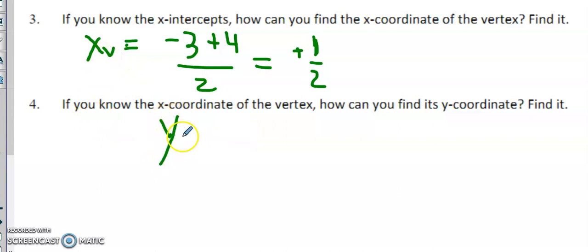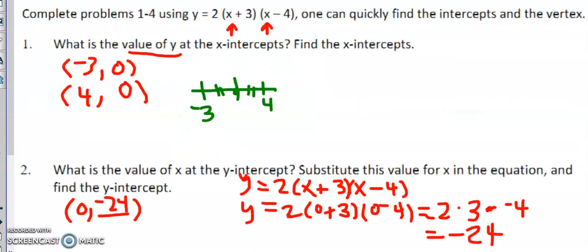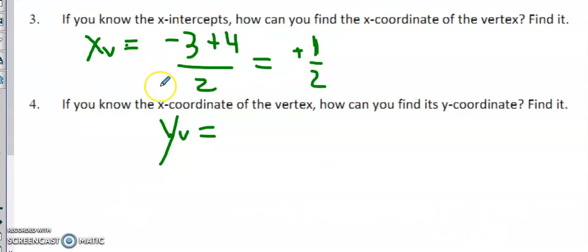To find the y value of the vertex, we go back to our original equation, which is 2 times the quantity of x plus 3, x minus 4.